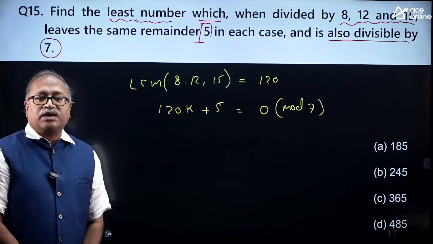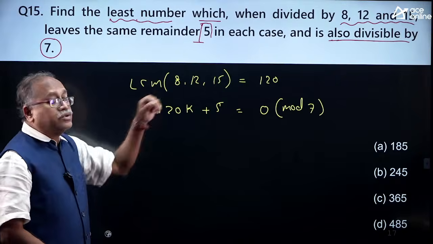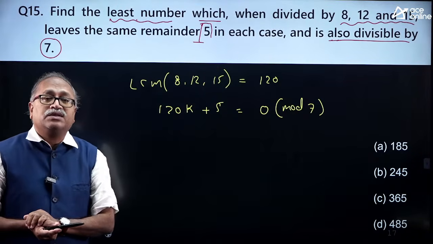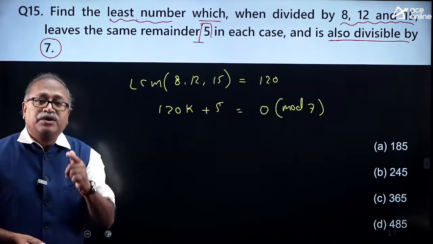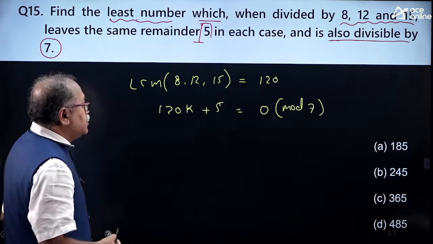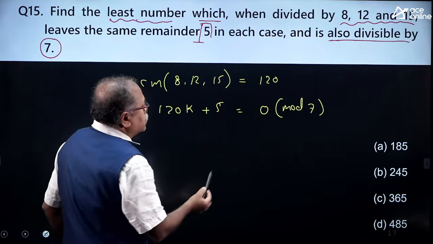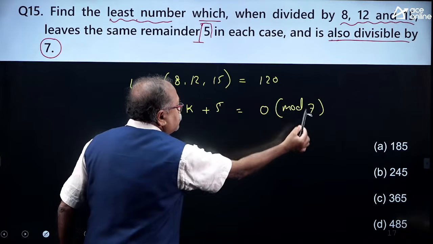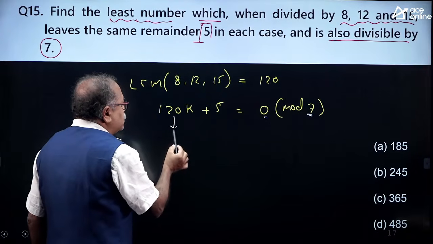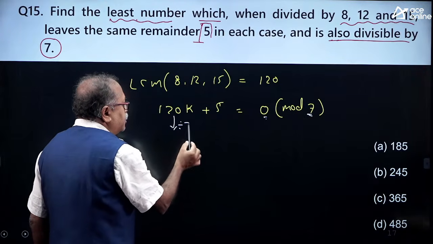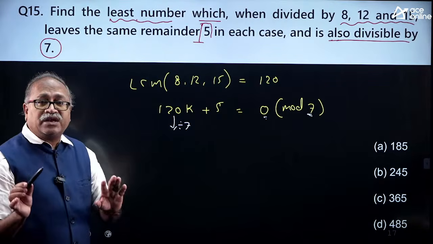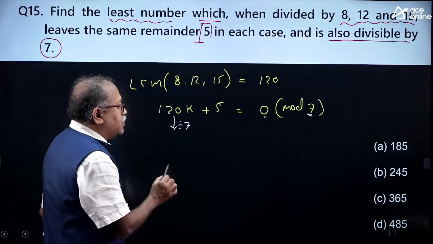If you understand this part, this type of question comes very frequently, and many students are not able to answer it. There you can take the advantage. So, here I am moving forward. It has to be divisible by 7 and the remainder is 0. So, when I divide 120 by 7, 7 times 17 is 119, what is my remainder?